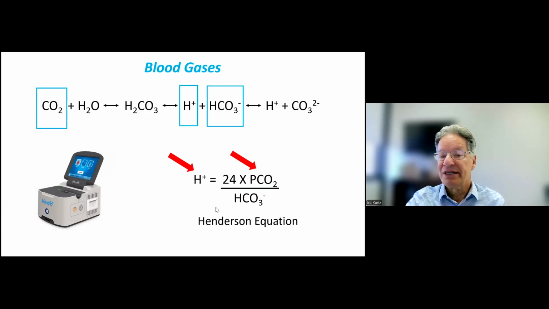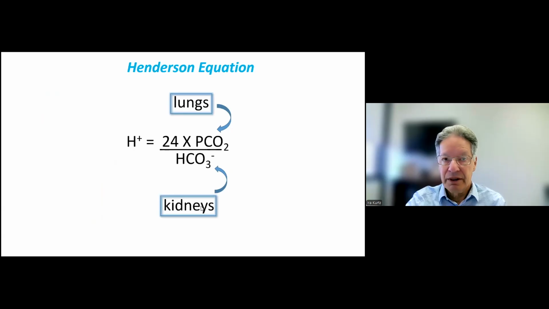And the important point is this is valid whether you have an acid-base abnormality or not. The relationship will always hold. The other reason for knowing this formula is because it represents physiology. The PCO2 represents lung function, and the bicarbonate represents kidney function.